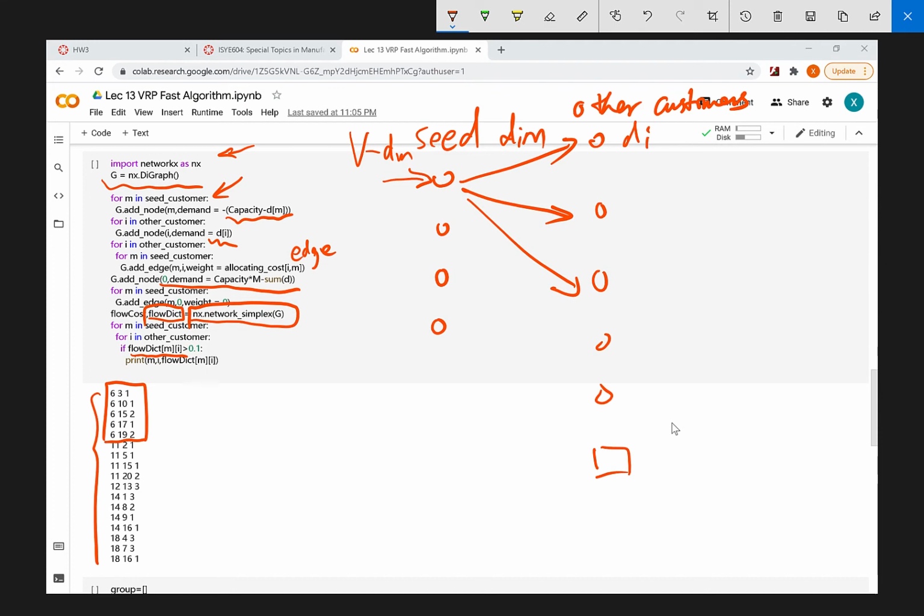Then this is center 11, this is center 12, center 14, center 18. Interestingly, you can observe that customer 16 is assigned to both center 14 and center 18. This is feasible because customer demand can be decomposed into small volumes, such that the total within each group is not beyond the truck capacity. This may not be the optimum solution.